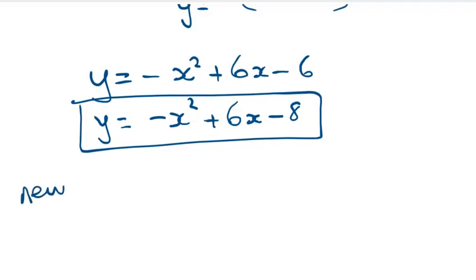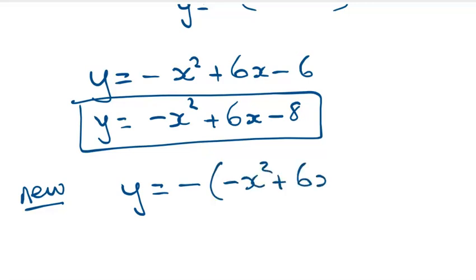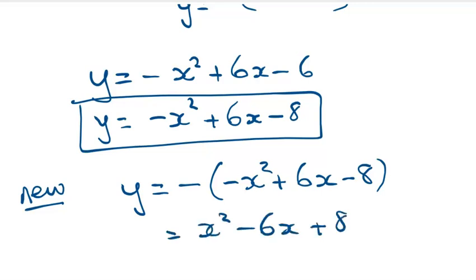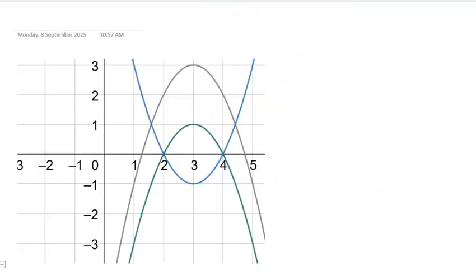And so the new one will be y is equal to the negative of all of that, which gives me x squared minus 6x plus 8. Now let's have a look using GeoGebra at what that looks like. Here we go. Okay, so the first graph that we've got, this one here, is y equals negative (x minus 3) squared.